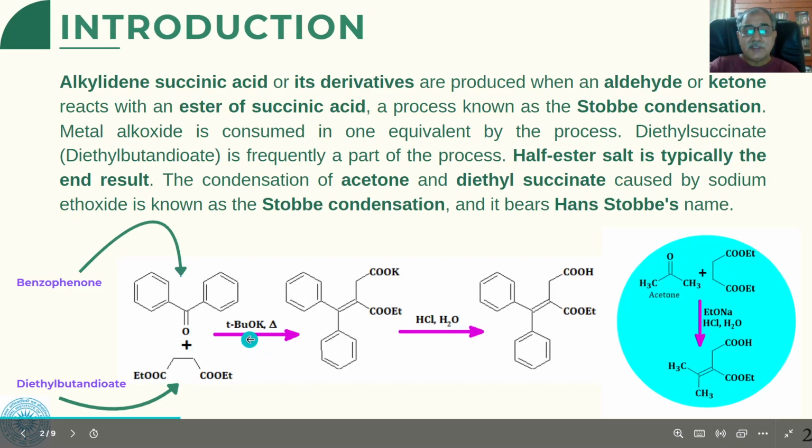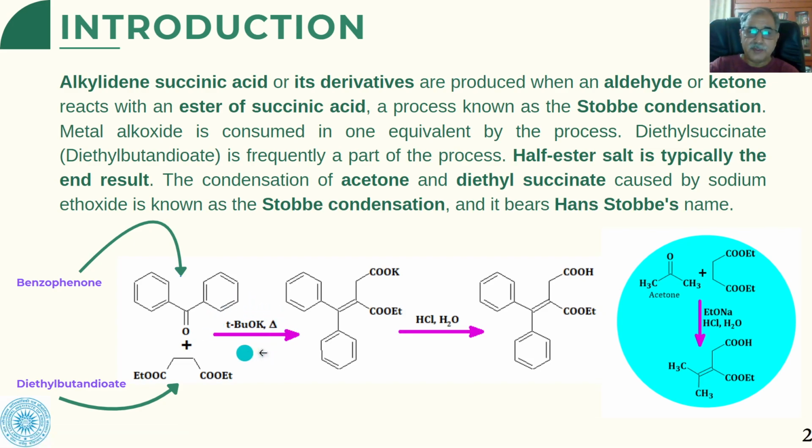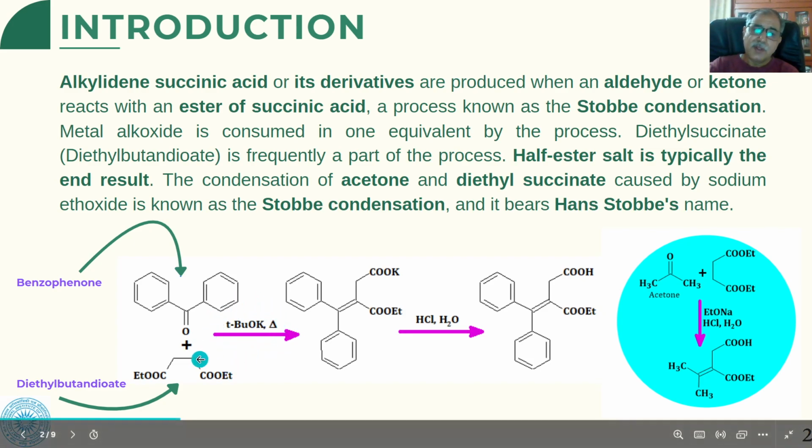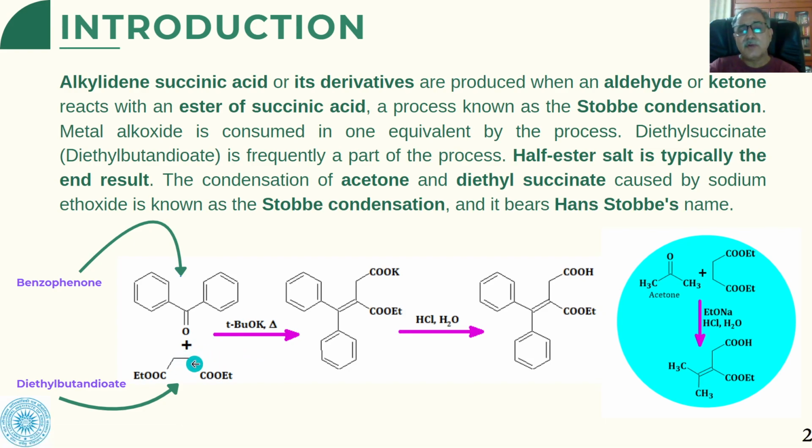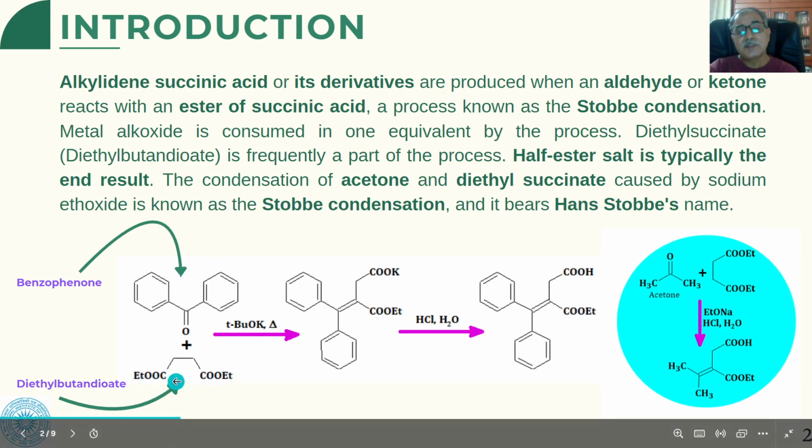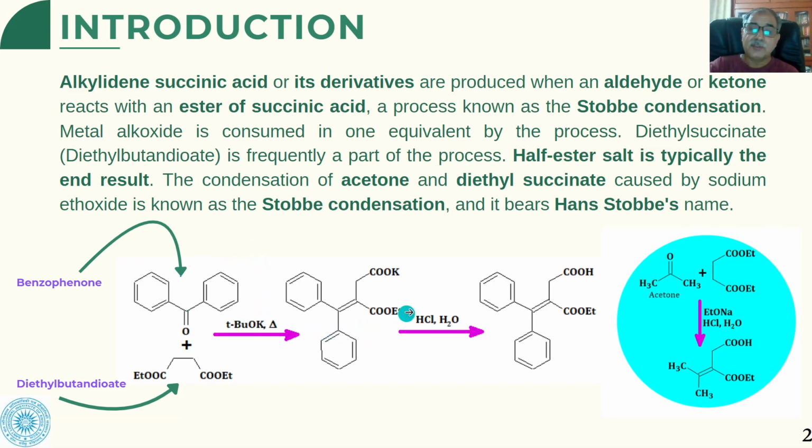Basically what happens is, in the presence of this strong base, this carbon or this carbon, these are equivalent carbons, because of the presence of these ester groups which are electron withdrawing in nature, a carbanion will be generated, and that carbanion will attack the carbon oxygen bond to give us these types of unsaturated half ester salts.